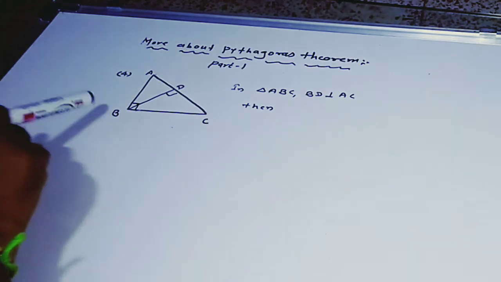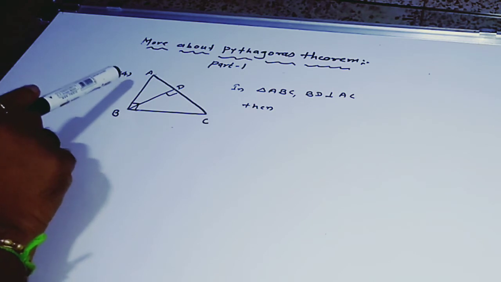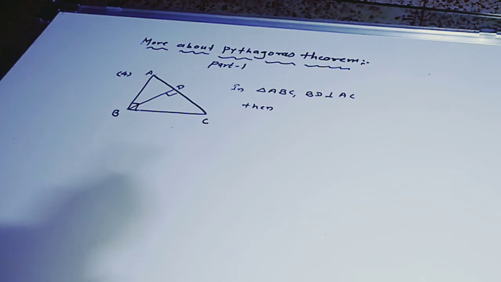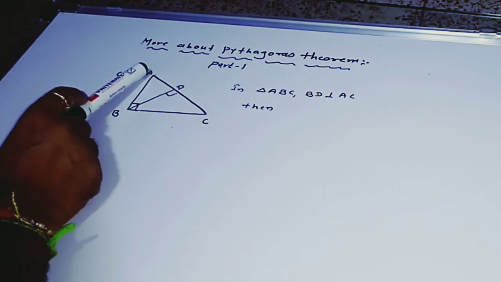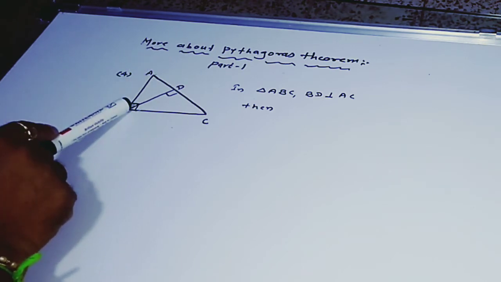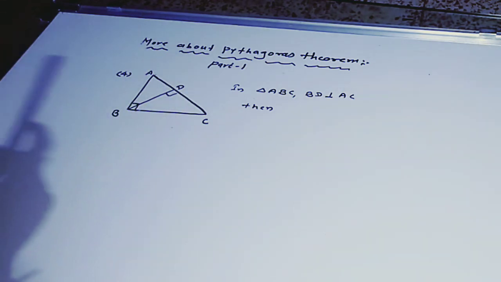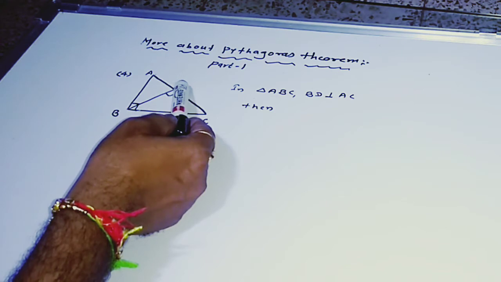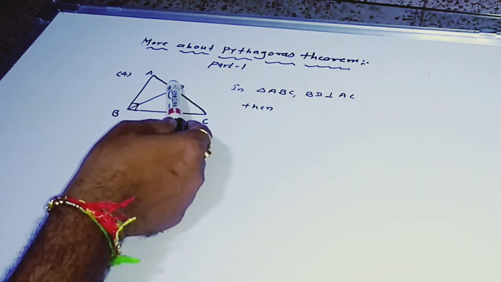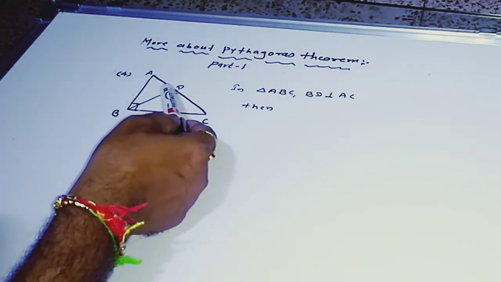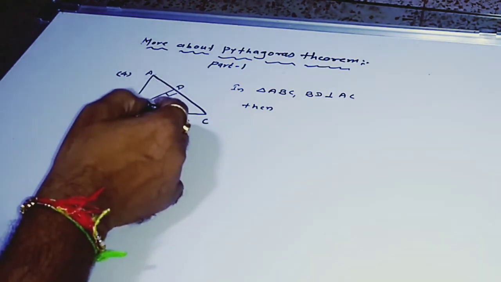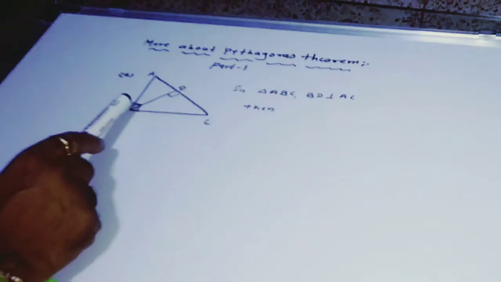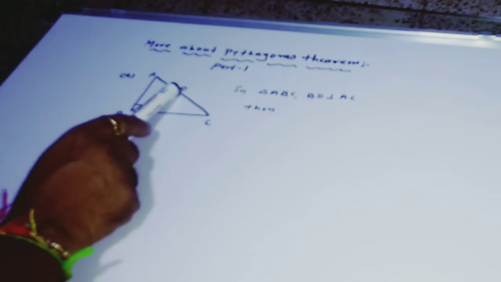The next property of the triangle is this: in a right angle triangle, see here, triangle ABC is a right angle triangle at angle B. Then the altitude is drawn to the hypotenuse through B. When the altitude is drawn to the hypotenuse, BD is the perpendicular.